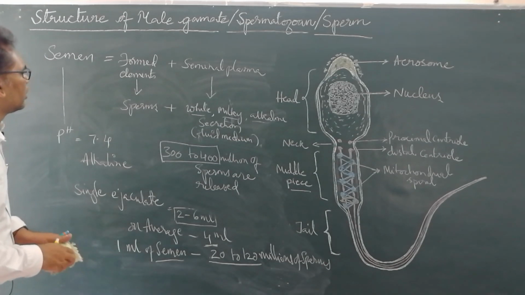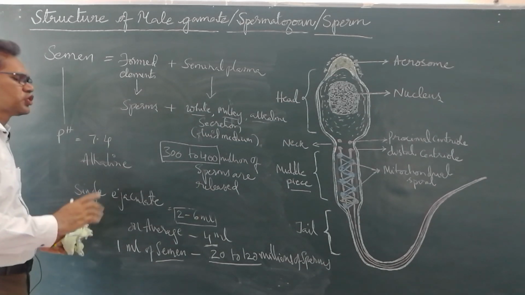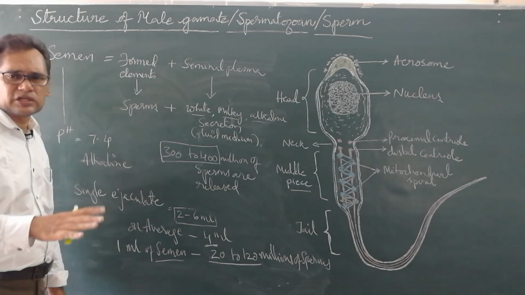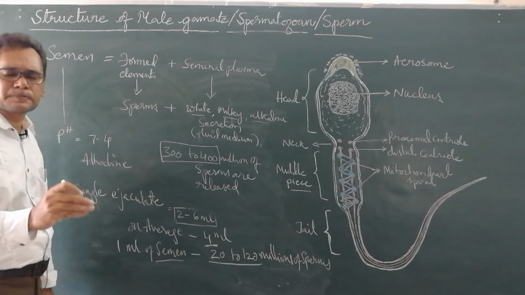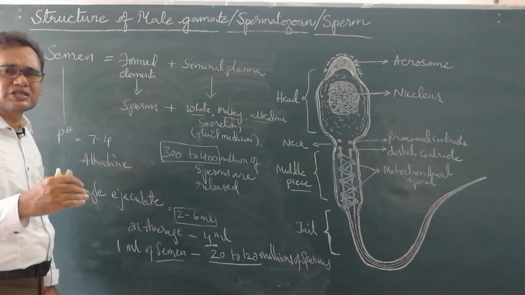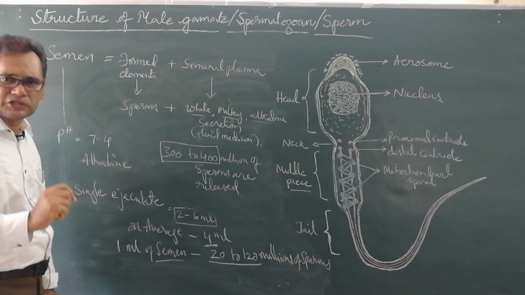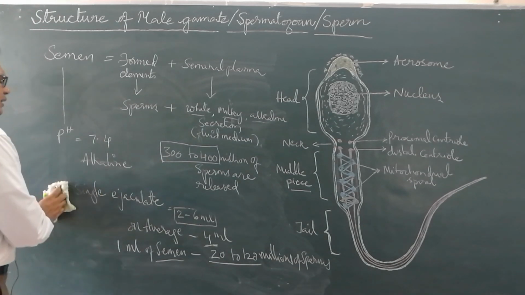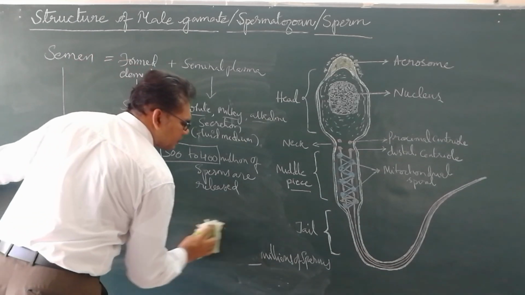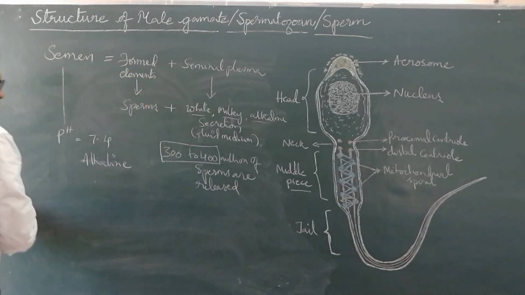Okay. Now if you observe, at least 60% of sperms must have proper morphology, that is size and structure. Now this is very important for fertilization.